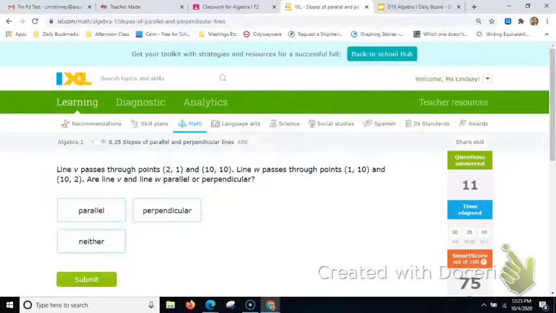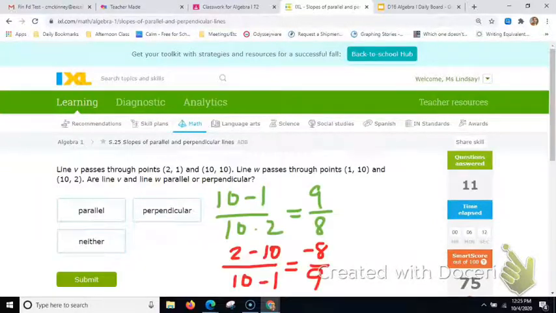So once you get to 75, you're going to find the slope twice and then compare the slopes. So try that. Find the slope of each and then compare them.